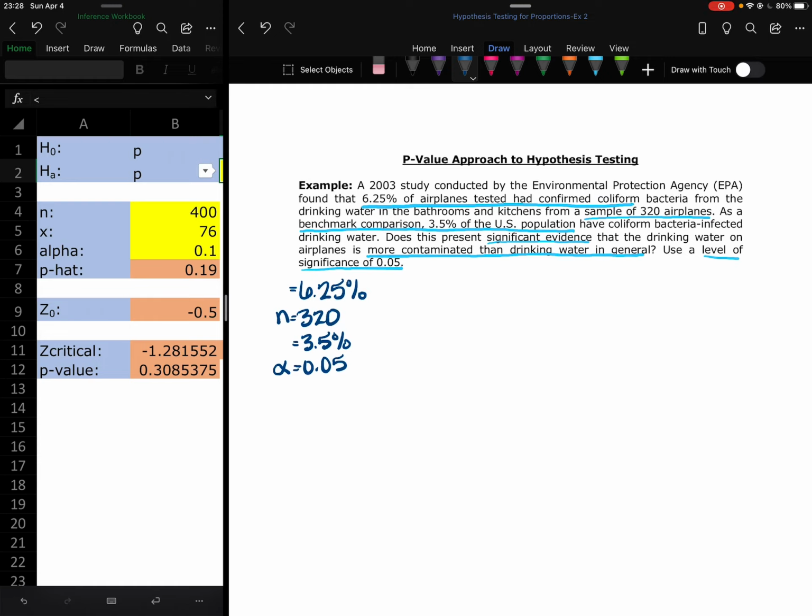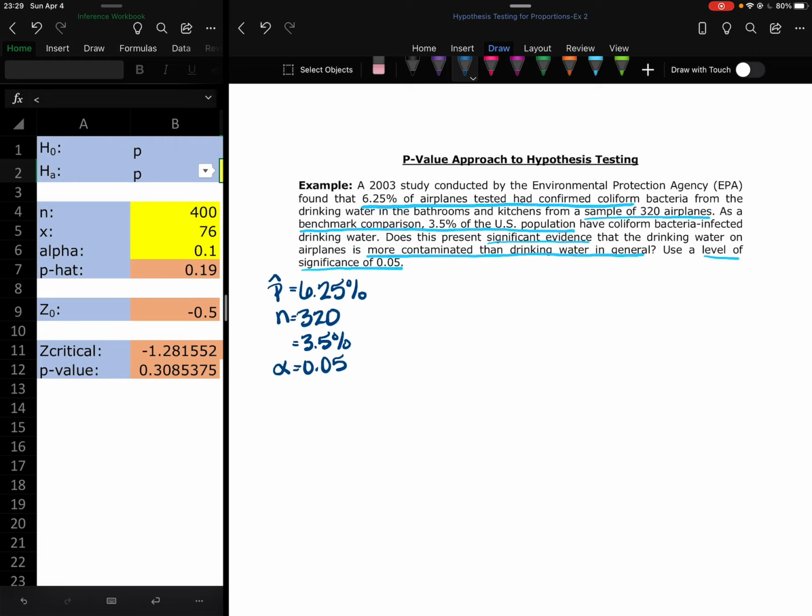So this 6.25% is connected to the sample of 320 airplanes. So that makes it p hat. It is the percent of bacteria-ridden water from the 320 sampled airplanes.